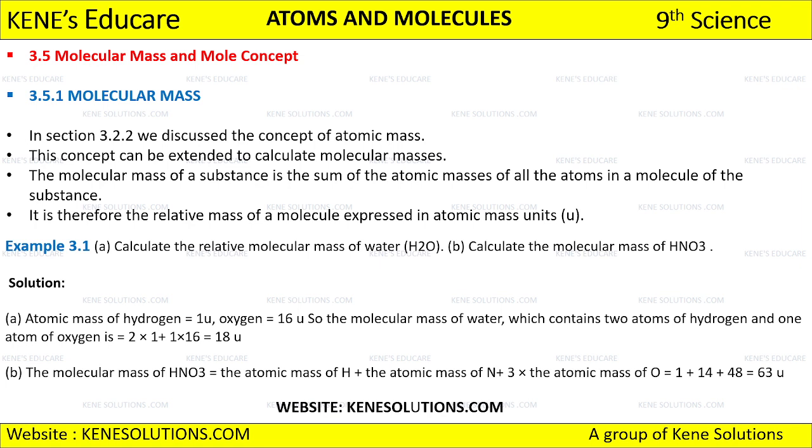So the atomic mass of hydrogen is 1, nitrogen is 14, and that of oxygen is 48. Now why 48? Because there are 3 oxygen atoms in HNO3, right? The atomic mass of oxygen is 16, so 16 into 3 becomes 48. And when we sum it up, we get the answer as 63 atomic mass unit.